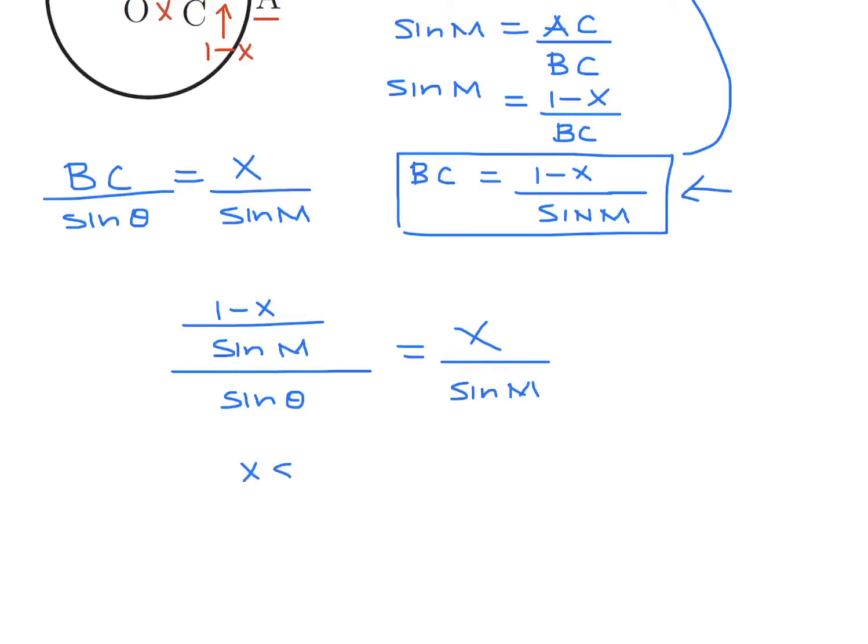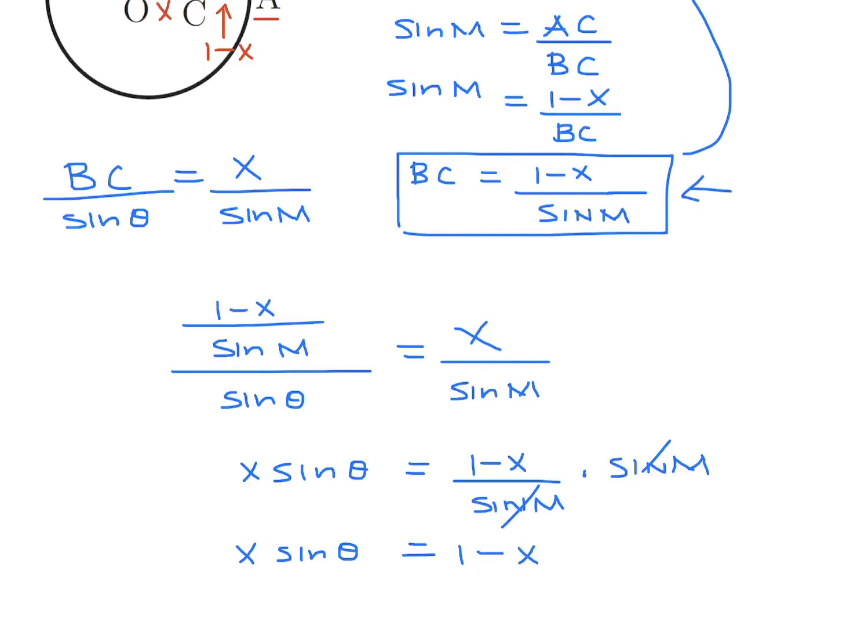Cross multiply and you'll get x sine theta is equal to 1 minus x over the sine of m times the sine of m. These cancel, so we've got x sine theta is equal to 1 minus x.